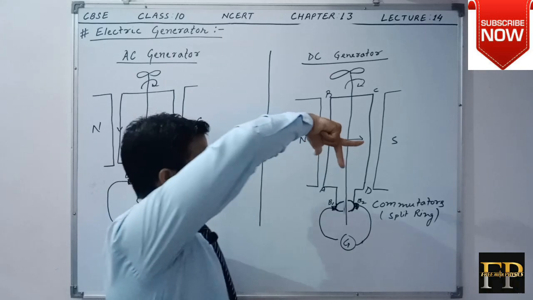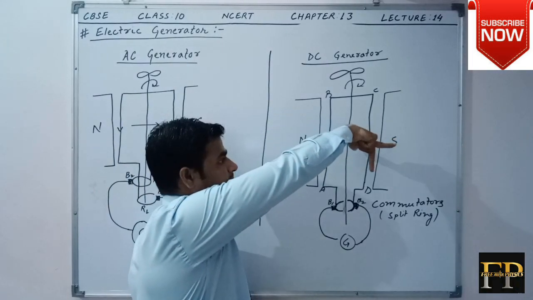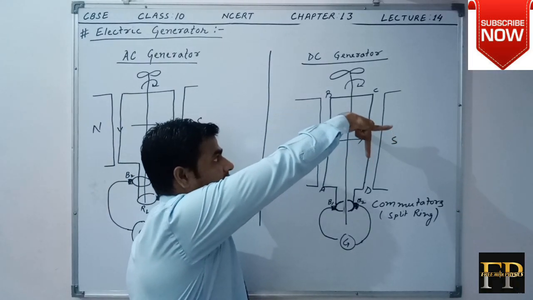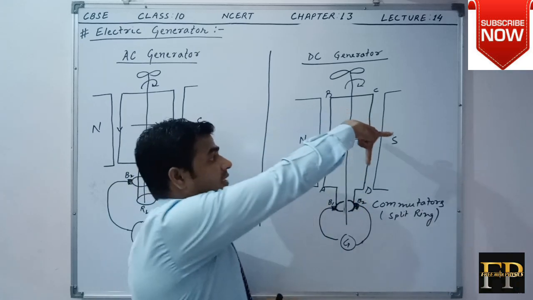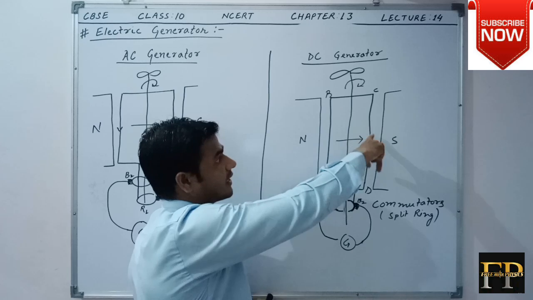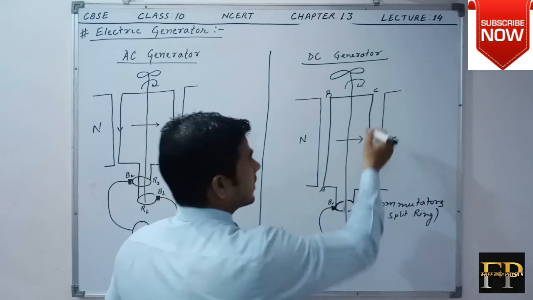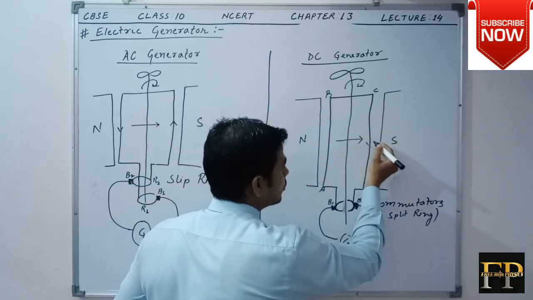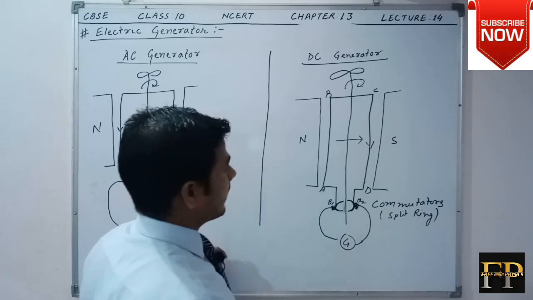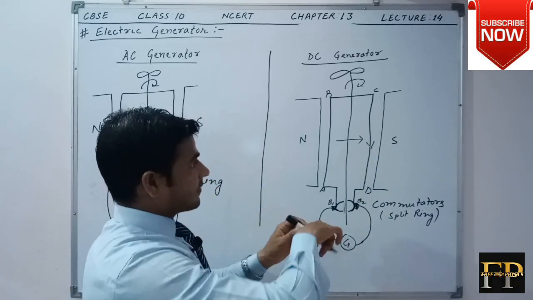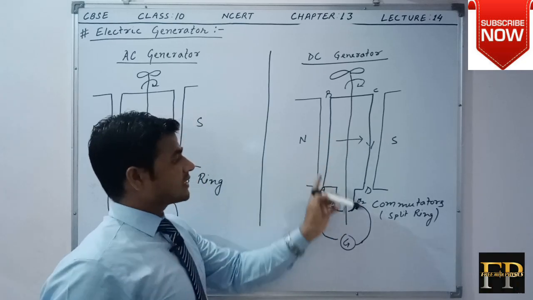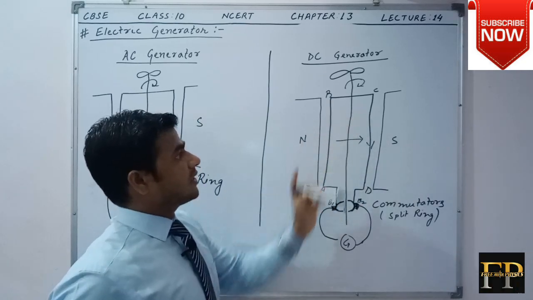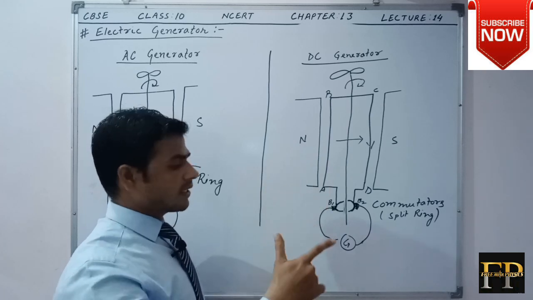It means if we place it like that, then my middle finger indicates the direction of induced current in CD, that is from C to D. And if this end is moving downward, it means the side AB moves upward.